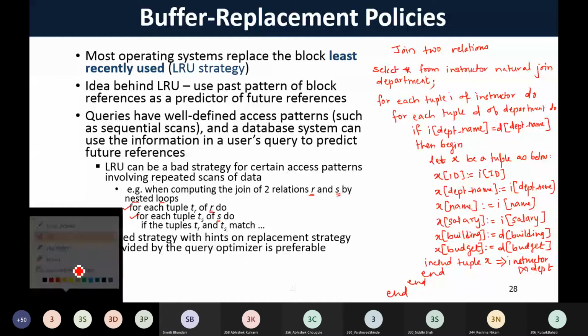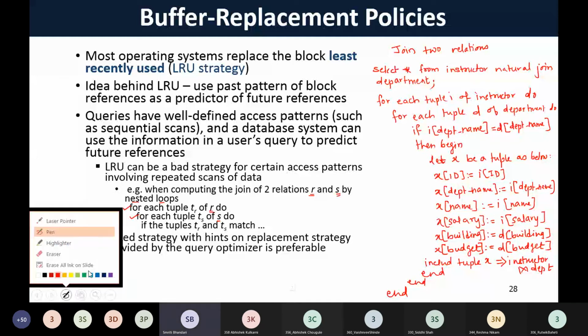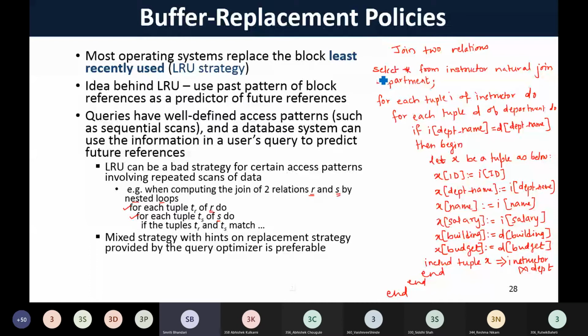So try to understand what this statement is. So we are finding out, select star from instructor natural join department. So natural join will use the common attribute in these two relations, that is department name. So here we are having two nested for loops. In the outer for loop, each tuple of instructor relation is considered. In inner for loop, each tuple of department relation is considered.